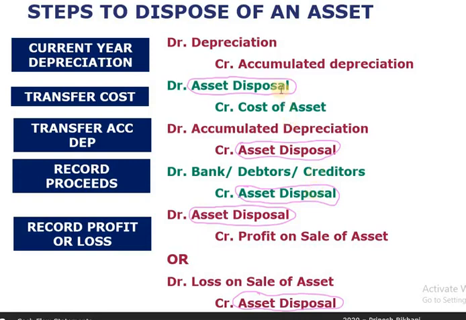So far, you have 3 items on your assets disposal account. If you balance this assets disposal account, you will know whether there's a profit, which will be shown on the debit side of your assets disposal account, or if it was a loss, you will see that on the credit side of your assets disposal account.